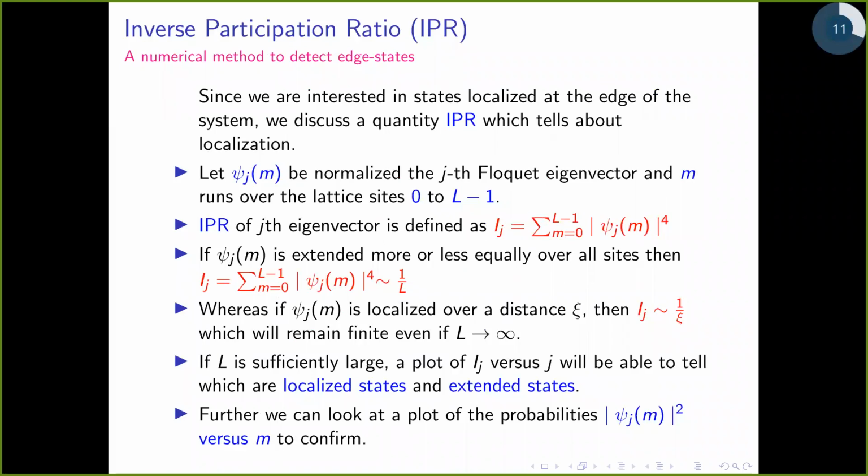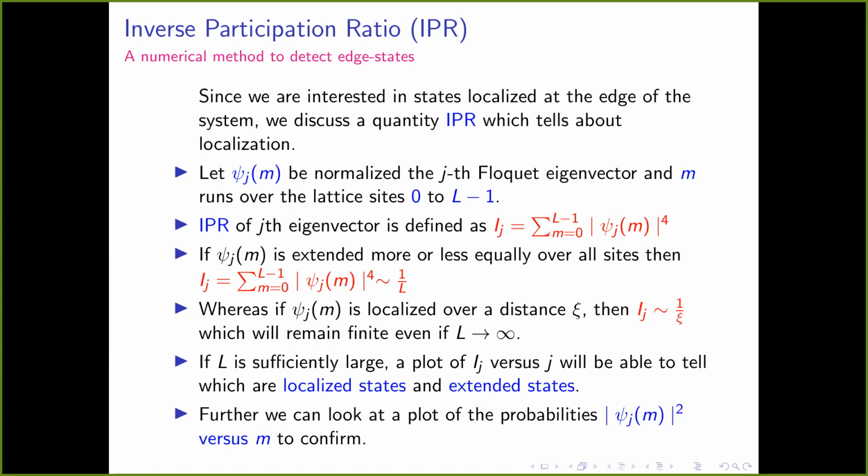Okay, now I'll just discuss something different because we are interested in finding states which are localized over the edge. There is a quantity which is called the inverse participation ratio, which I think I should say now.